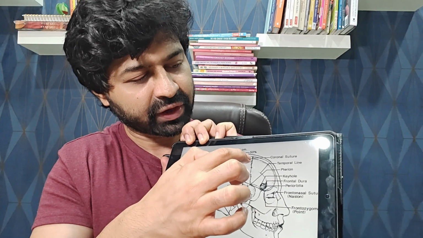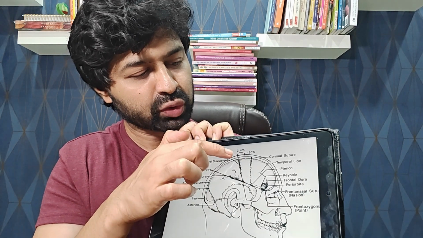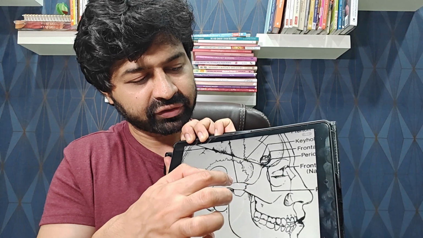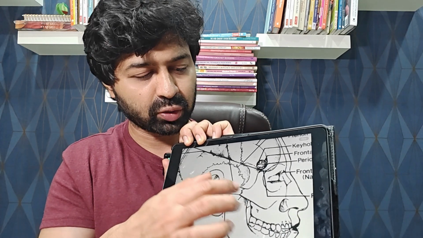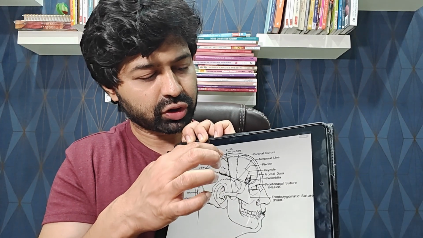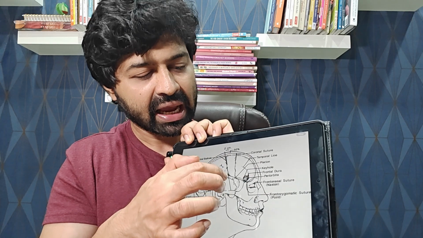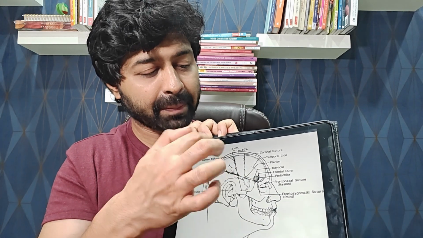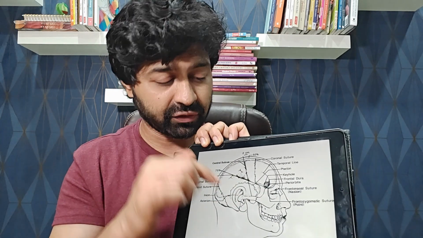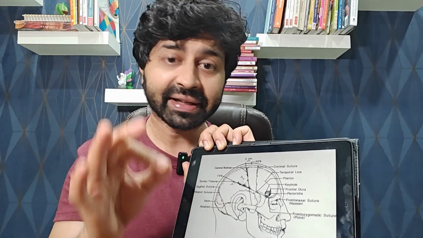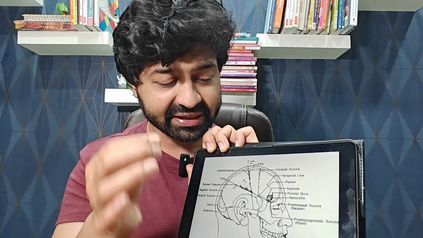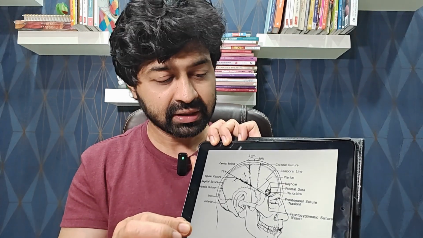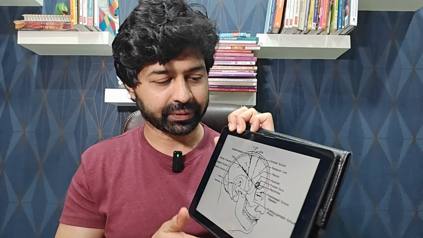You have 50% point here, 2 centimeter behind that, that is this point, and then you have the midpoint of the zygoma. So you draw a line, and obviously this line will intersect our previous line, that is of sylvian fissure. So the point at which it intersects the sylvian fissure line is the lower Rolandic point.